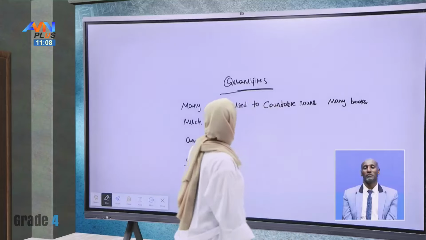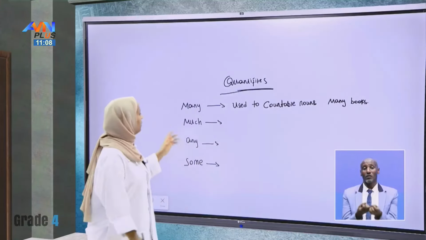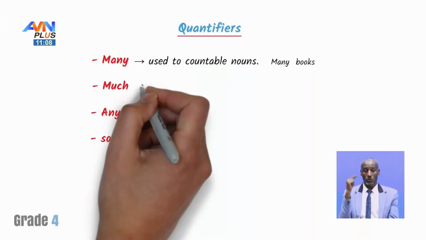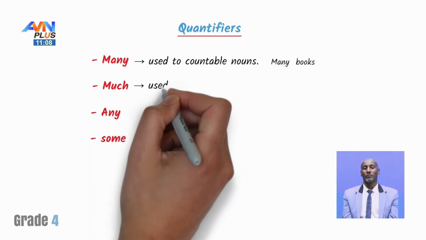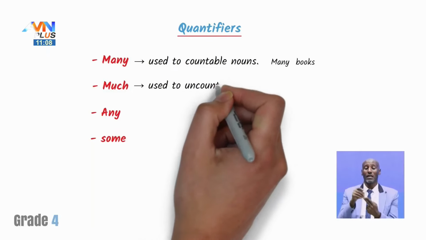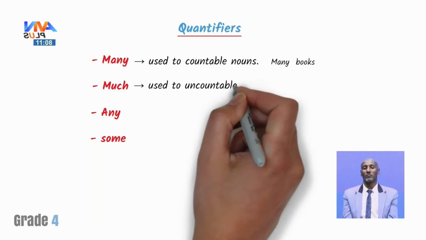This is an example of many. The next one is much. Much is used for uncountable nouns.